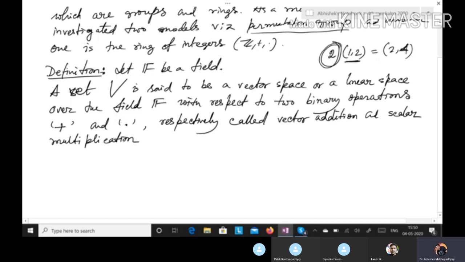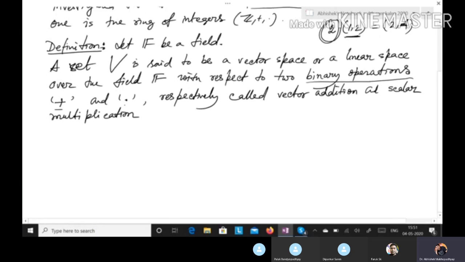So first, let us consider a field F, and then we consider a set V which we would like to make a vector space over this field, with respect to two binary operations: one is plus, another is dot.